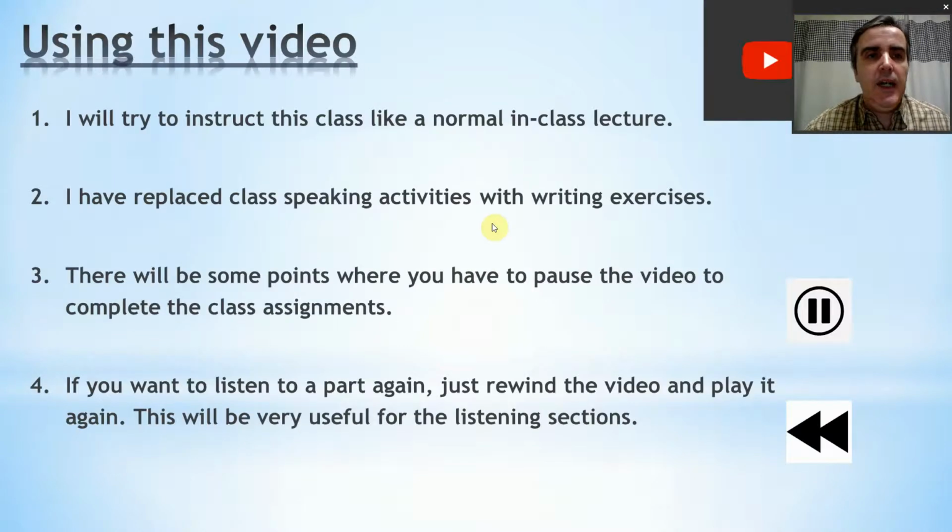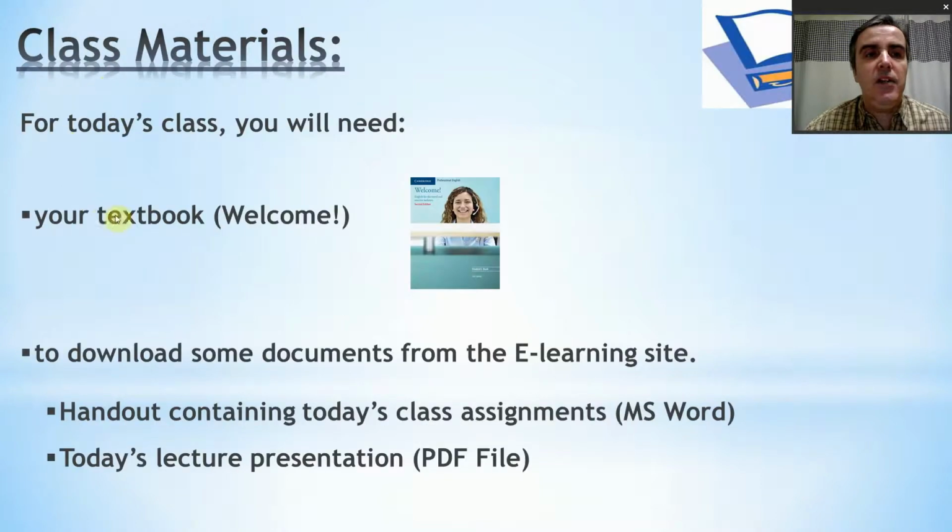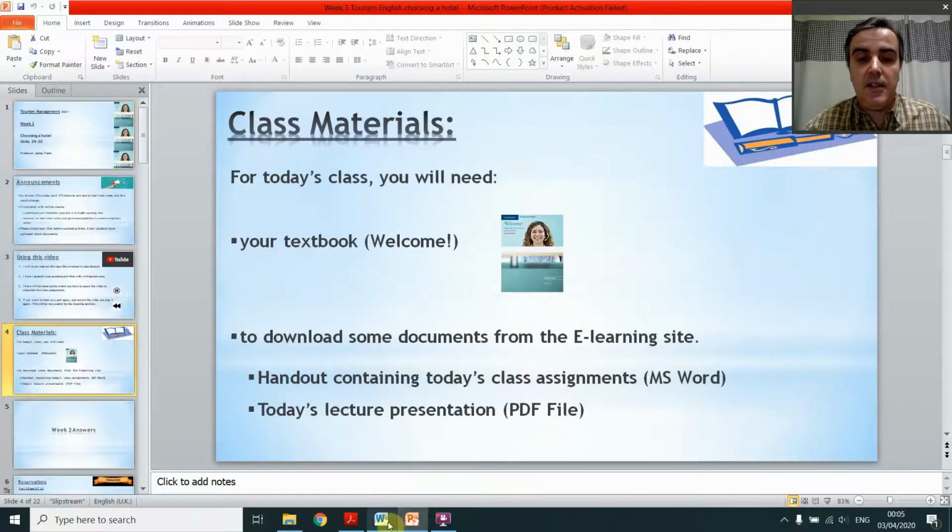All right. Again, I've included this screen just to explain how I'll be doing the video. I did this last week. And today, your class materials, well, you'll need your textbook and you'll need to download some documents from the e-learning site. You'll need your handout containing today's class assignments.